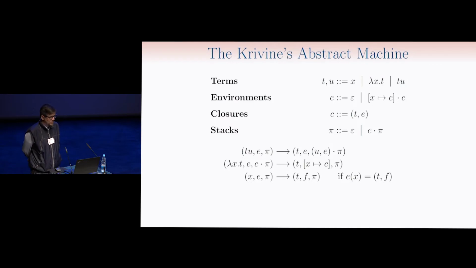There are a couple of things I want to observe about this machine. The first one is that in the first rule, you see environments duplicated, copied. And typically, you actually implement this copying by sharing, as we have already seen. This, of course, is done for the sake of being efficient in terms of time.